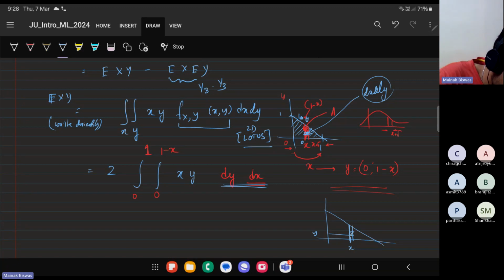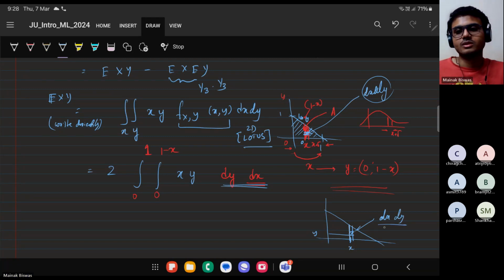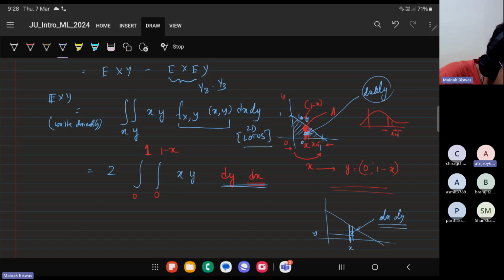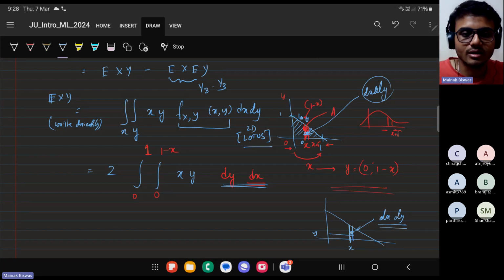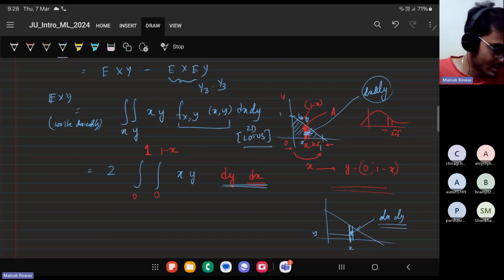So you get a cuboid, isn't it? dx dy, you get a square, and you will get a z value, and then you will be able to integrate that double integral. Double integrals are volumes, single integrals are areas. Simply.